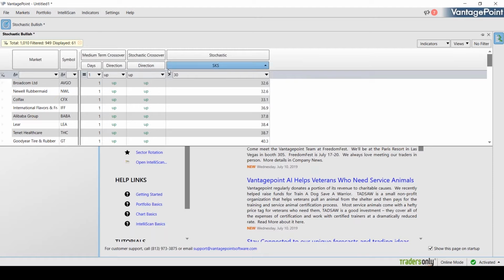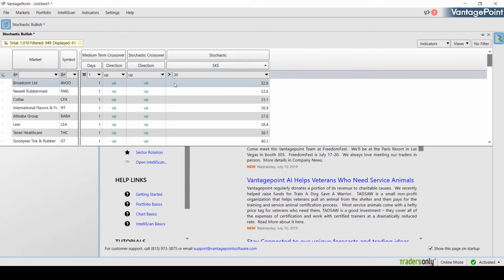Over here on the right, we've got the stochastic value. This is that predictive line, the SKS, that I was referring to. The way the stochastic works is you're measuring oversold and overbought market conditions. When a market is closer to the 20 range with the stochastic, that is telling you a market is oversold.